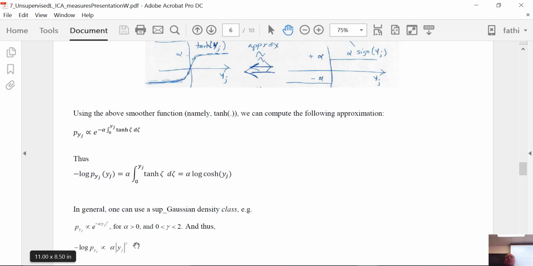Typically, people will use 1 to say that I'm going to force the outputs to possess marginal densities that are Laplacian.